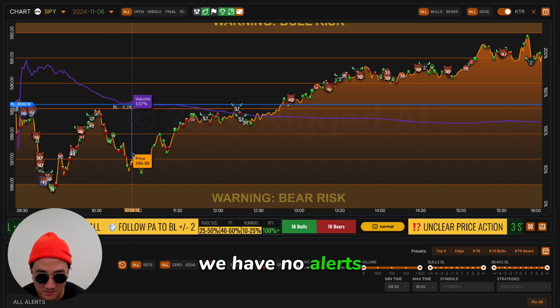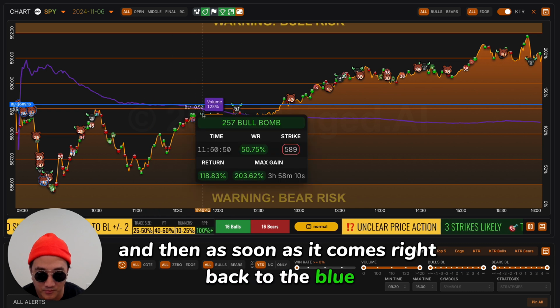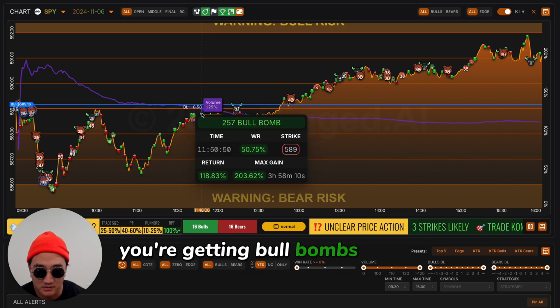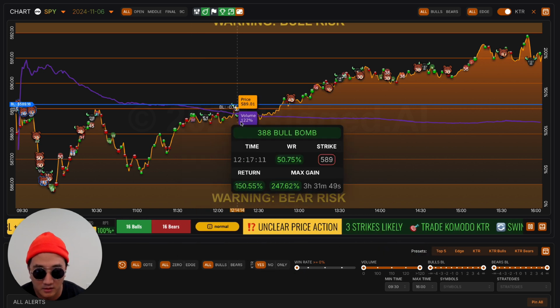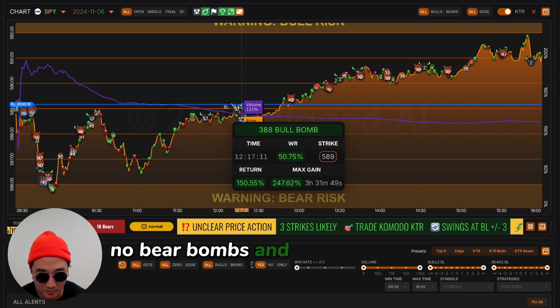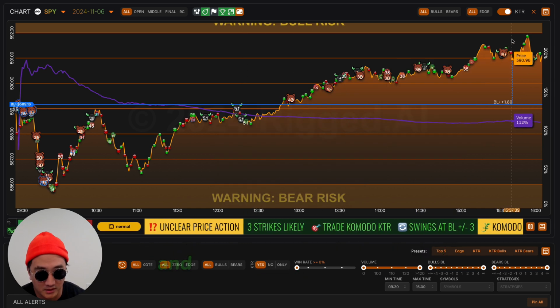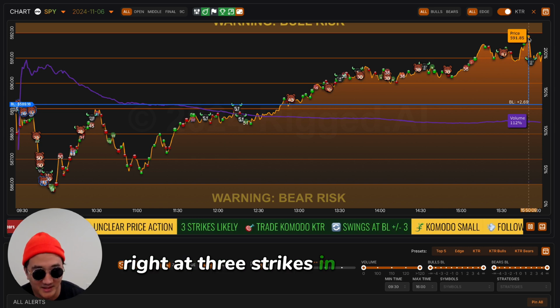We have no alerts. And then as soon as it comes right back to the blue, you're getting bull bombs, 50.75% win rate, three of them in a row, no bear bombs, and then it just goes, right? And where does price stop? Right at three strikes in the yellow.